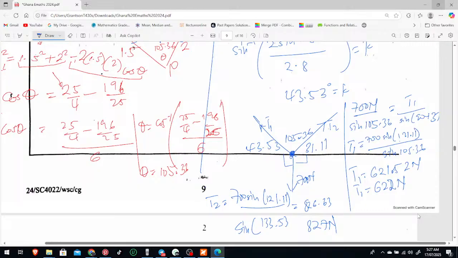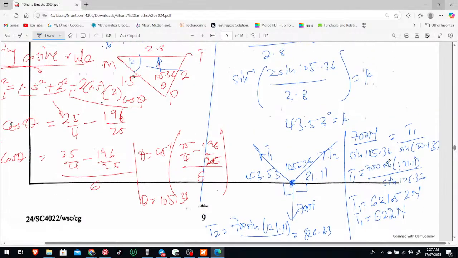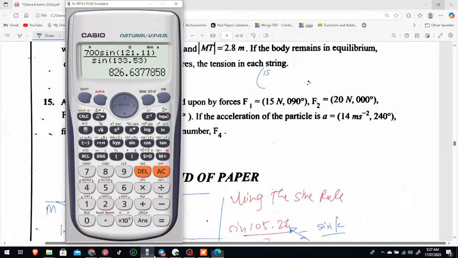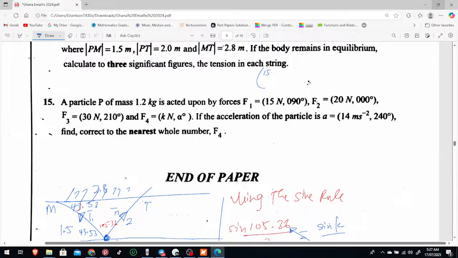So let's change this one. So let's do this one.